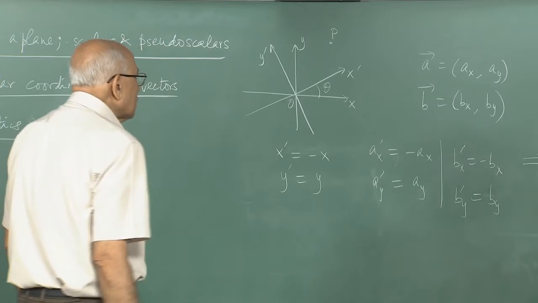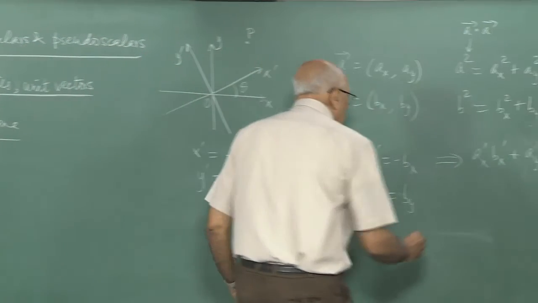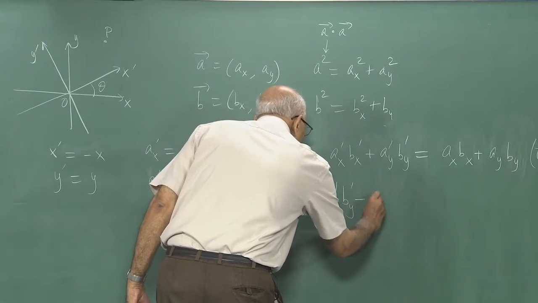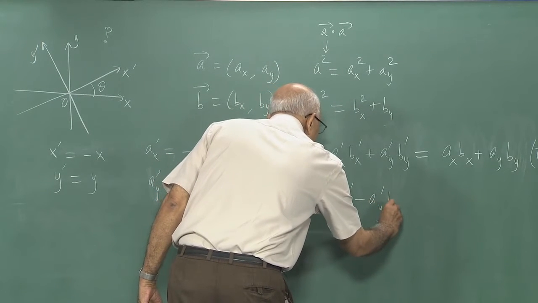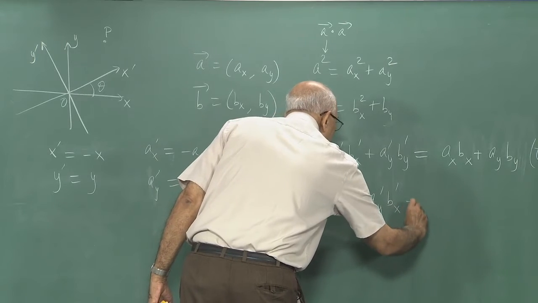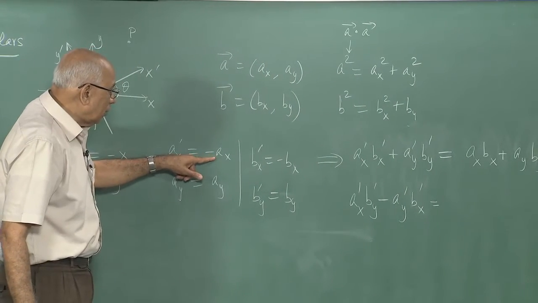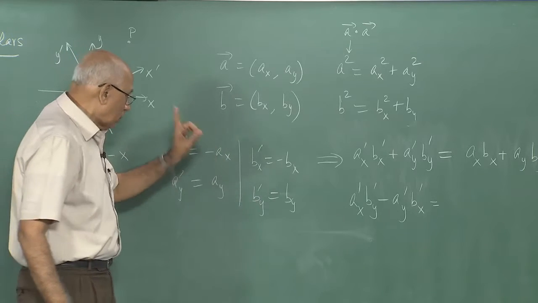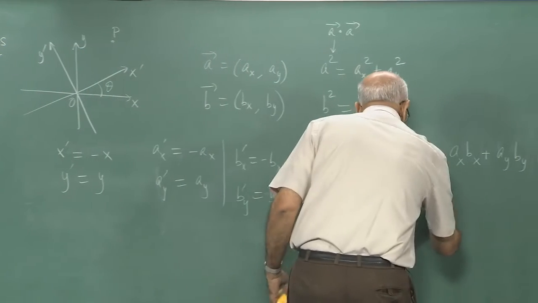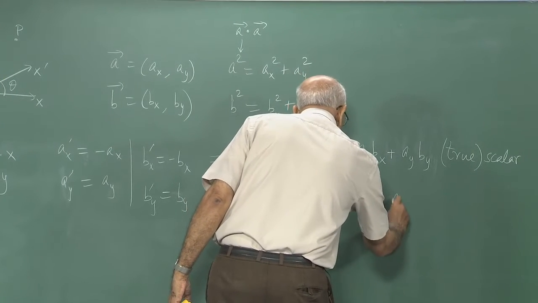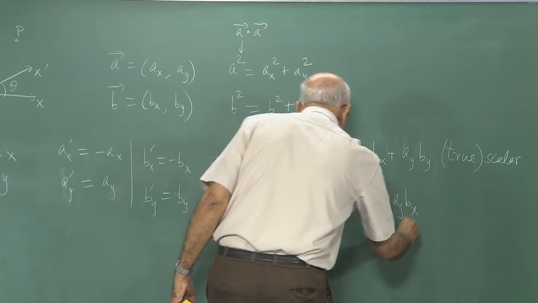But look at what happens to the other combination. Look at the combination ax prime by prime minus ay prime bx prime. This is equal to, well, ax prime changes sign, by prime does not change sign, so you have a minus sign. So this is minus ax by plus ay bx.